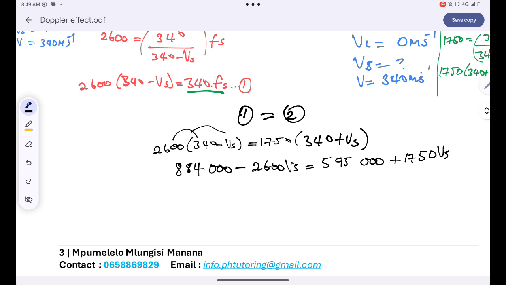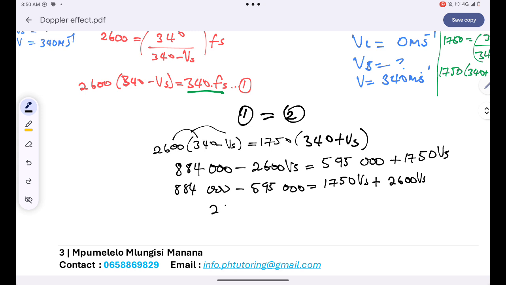Now all I have to do is to group the like terms. On the left hand side, I'll have 884,000 minus 595,000 is equal to 1750 multiplied by Vs plus 2600 multiplied by Vs. On the left hand side, I'll simply have 884,000 minus 595,000.